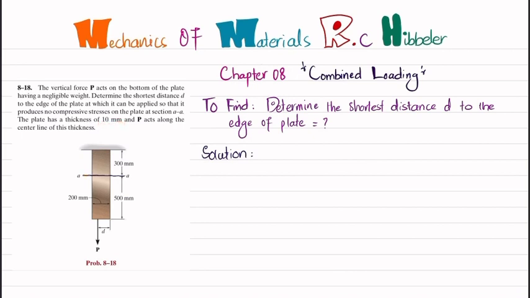If you cut this beam at section AA and draw the free body diagram, it will be like this. This width of the plate is equal to 200 millimeter, which is equal to 0.2 meter. And when you cut it at this point, you will have a normal force that will act at the center of this body.